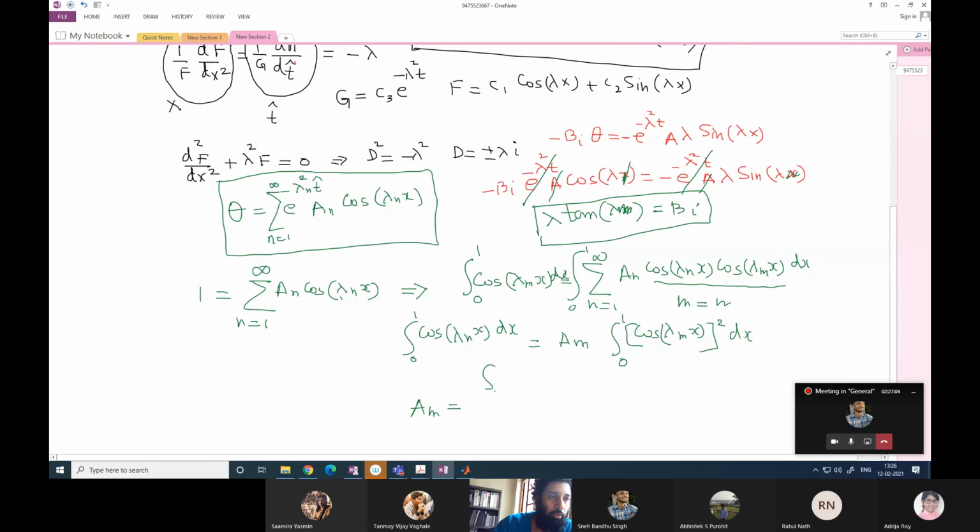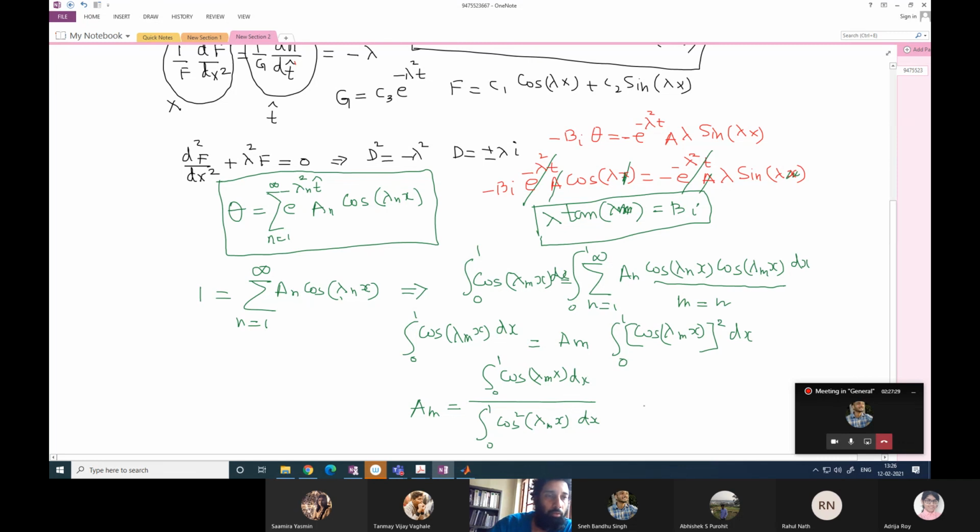The value of a m equals the integral from 0 to 1 of cos lambda m x divided by the integral from 0 to 1 of cos squared lambda m x dx.